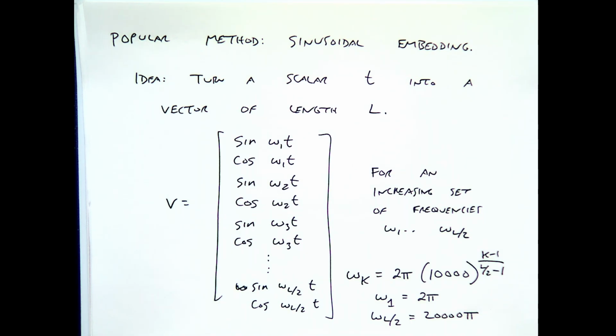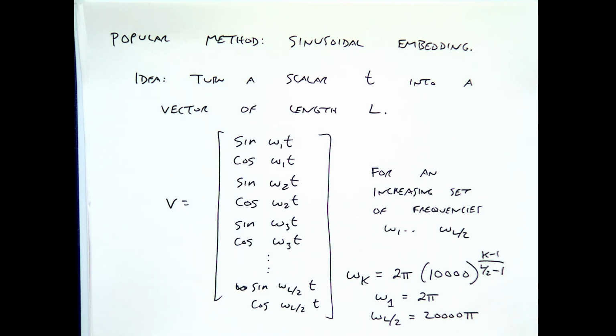There's a one-to-one mapping between a given vector and a given t. Those two representations are in some way equivalent. Certainly the vector is way over-parameterized, but that's the point. I can customize the length of that vector to be whatever I want, and things will still be unique.